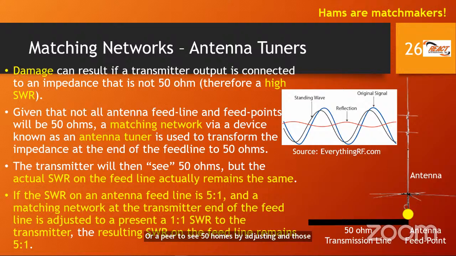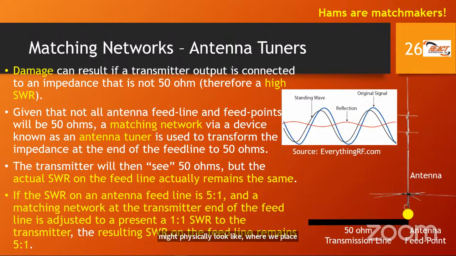Remember, we discussed the whole idea of matching networks, pi networks, LC networks, and so on. So we can use a matching network of some kind, more commonly known as an antenna tuner. We'll come to a next slide showing what an antenna tuner might physically look like, where we place it, and what it does.